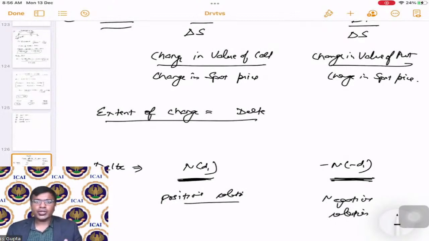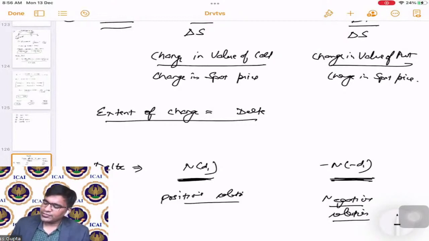If the spot price goes down, the value of the call option will also go down. Similarly, a put option is negatively related. If the spot price goes up, the value of the put option will come down. If the spot price goes down, the value of the put option will go up. So there is a negative relation. Hence, the negative sign is put here, and N(minus d1) is the delta or the hedge ratio of the put option, correct?